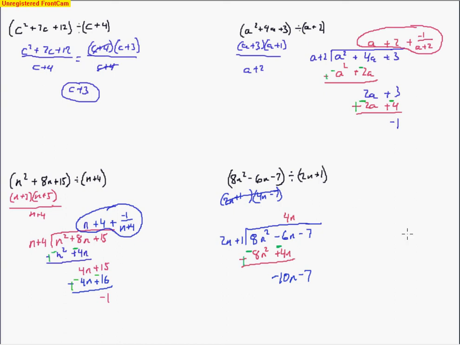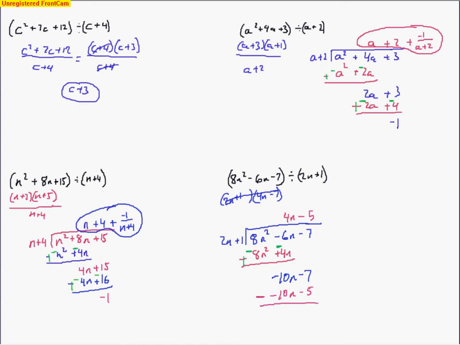And so we're going to go ahead and look for the number times 2n that makes negative 10n. Well, that's just a negative 5. See, we want to make the same number there. Negative 5 times 2n makes a negative 10n. Negative 5 times 1 makes a negative 5. We add the opposite. Remember, so we change it to subtraction. We're going to subtract, but then we're going to end up adding the opposite.